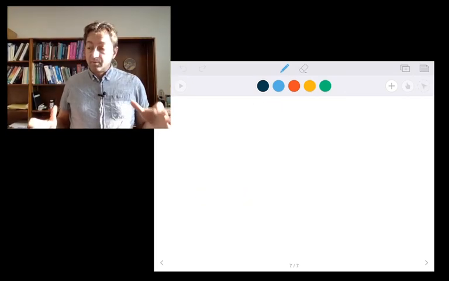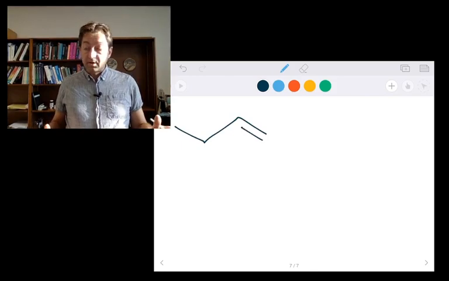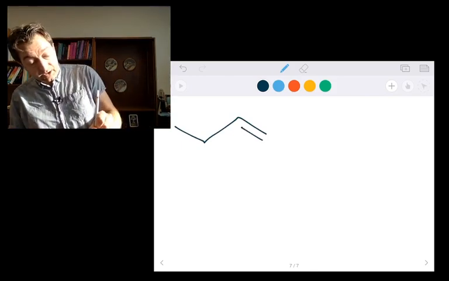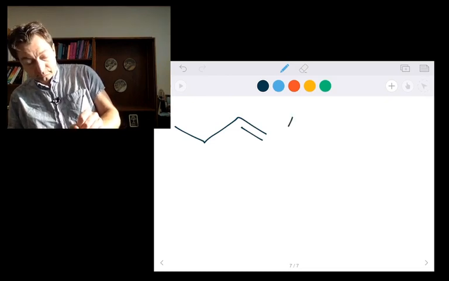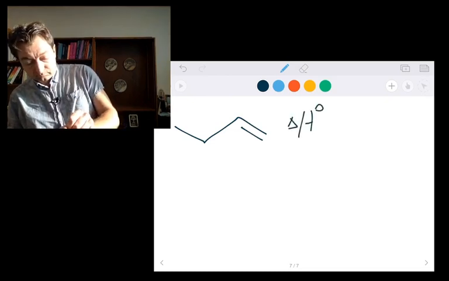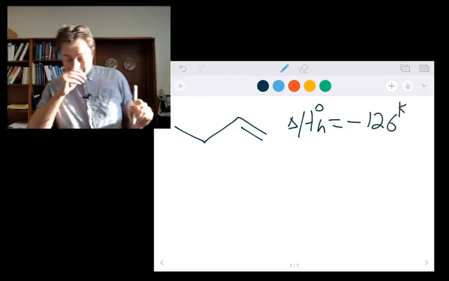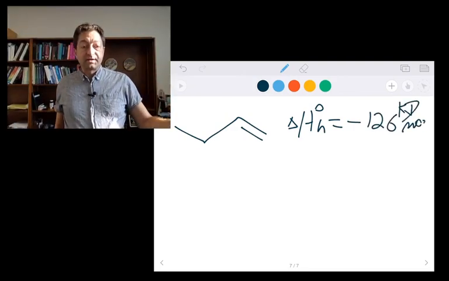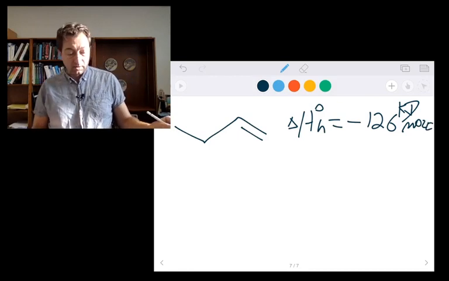So there's a molecule with one double bond in it, a couple of extra carbon atoms, and our heat of hydrogenation for this molecule is 126 kilojoules per mole for that particular molecule.